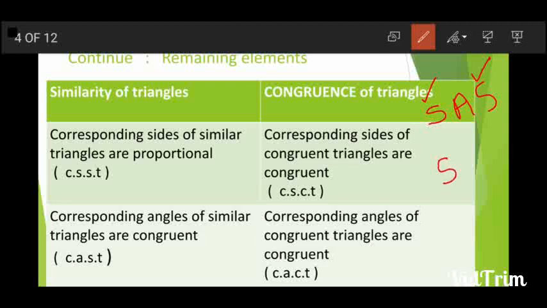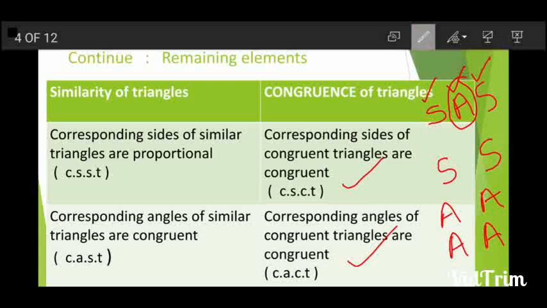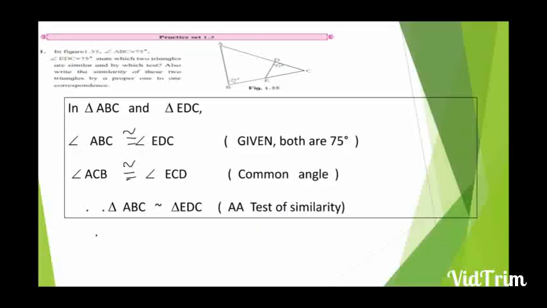Then the remaining one side will also be congruent. For that the reason will be: corresponding sides of congruent triangles are congruent. In the same triangles, by the SAS test one angle is congruent, and the remaining two pairs of angles are congruent. For that the reason will be: corresponding angles of congruent triangles are congruent. Now let's move to the next slide.